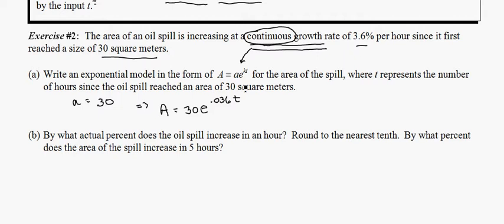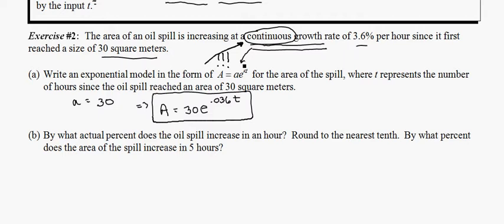That's it. That's the whole model. It's really kind of nice. A equals 30 times e to the 0.036t. The key is that piece of terminology: continuous growth!